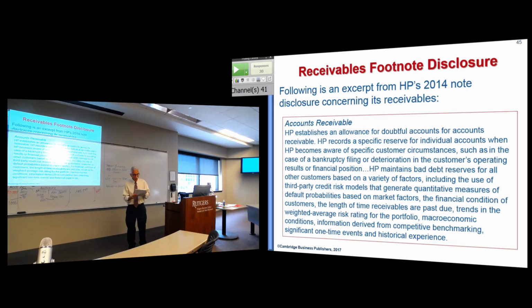They maintain their debt reserves from all other customers on a variety of factors, third-party credit risk models. They'd also use quantitative measures of default probabilities, which could be a percentage of sales, financial conditions of customers. They also look at the time the receivables are due. They'll also consider economic trends, industry trends as well.